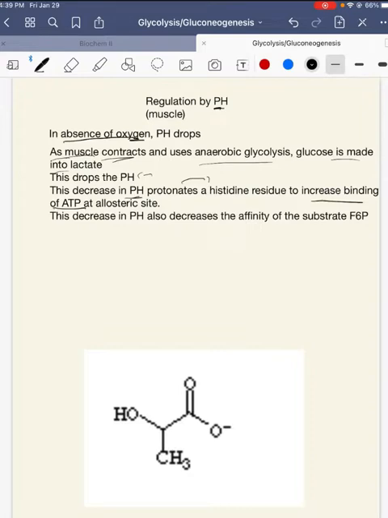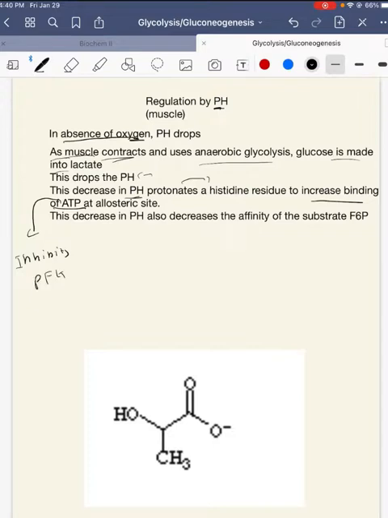So when the pH drops, this protonates a histidine residue, and it allows it to better bind the phosphate groups of ATP at the allosteric sites. We talked about how ATP binds at the allosteric sites and it slows down PFK. So as soon as ATP binds, this inhibits PFK.